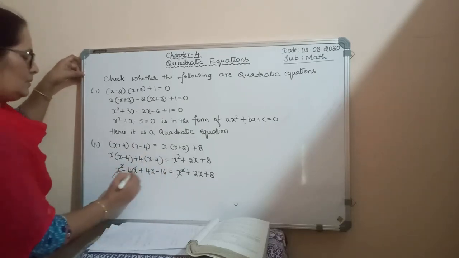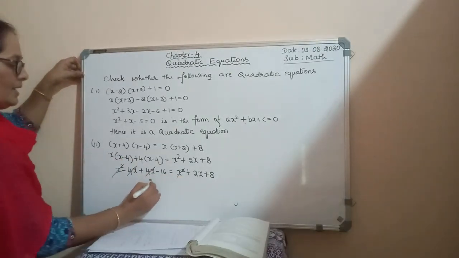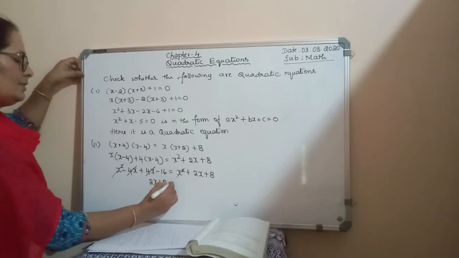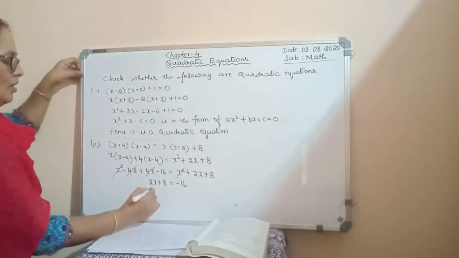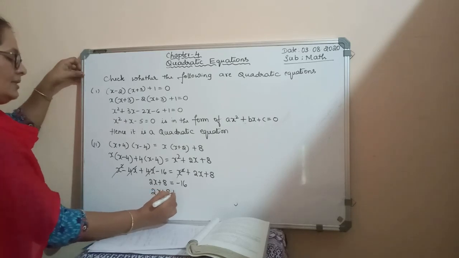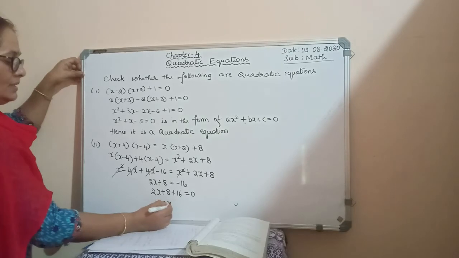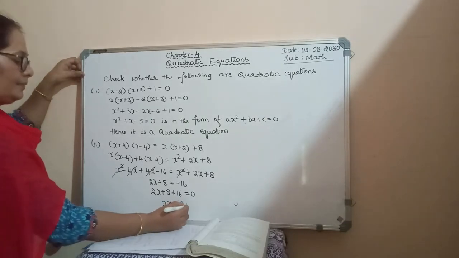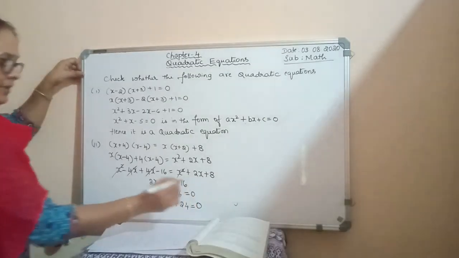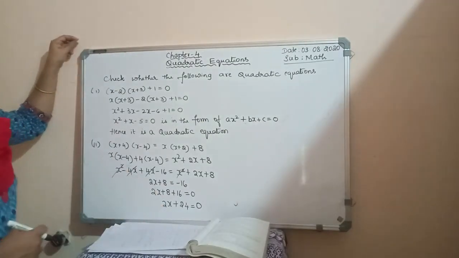Then minus 4x plus 4x cancelled. So what we got here? 2x plus 8 equals minus 16, or 2x plus 8 plus 16 equals 0. So 2x plus 24 equals 0. Is it a quadratic equation? No, it's a linear equation.